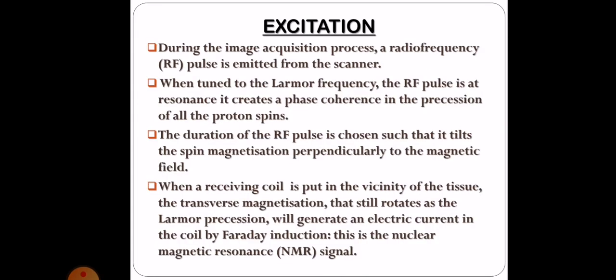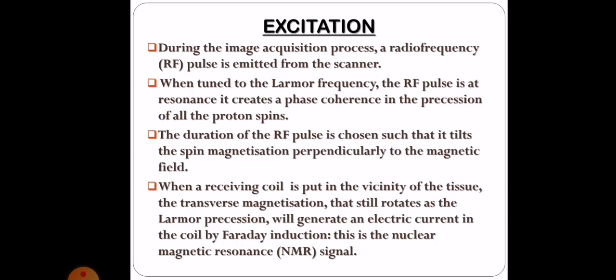So the result of resonance is that the NMV, the net magnetic vector, moves out of alignment away from B0. Because of resonance, the magnetic vector that was aligned with the magnetic field moves out of alignment.